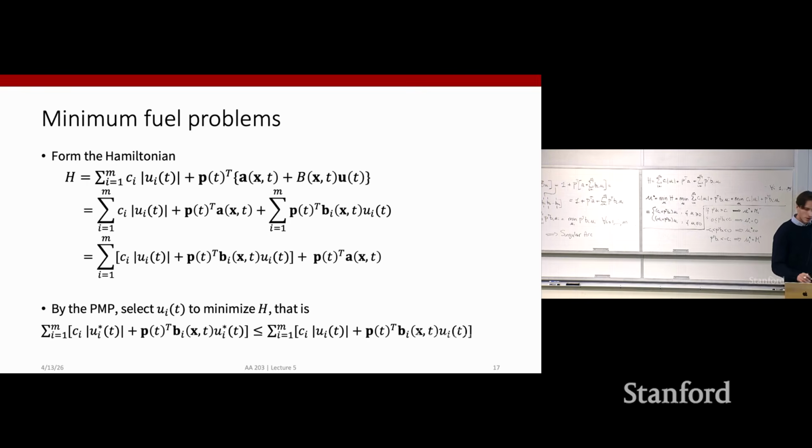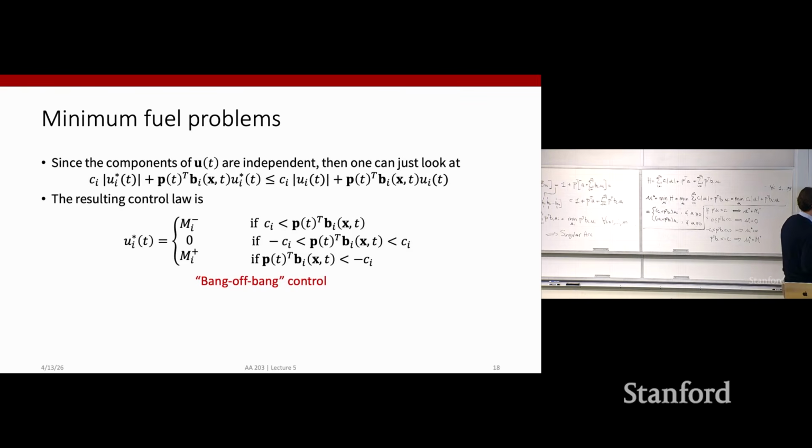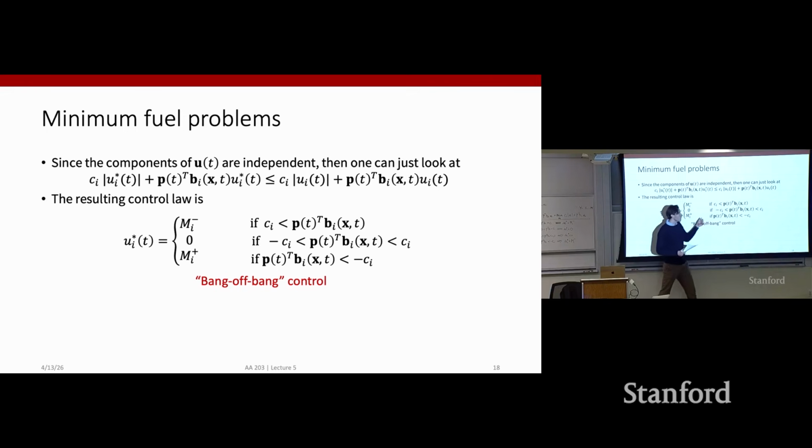And this is the one that you can see here on the slide, where Ui, depending on the value of P transpose Bi, is essentially either at its minimum value, or 0, or at its maximum value. And this is known as bang-off-bang control.